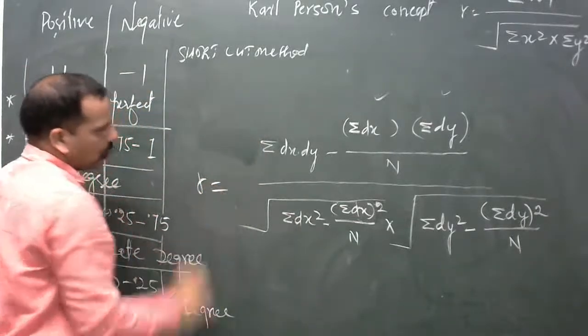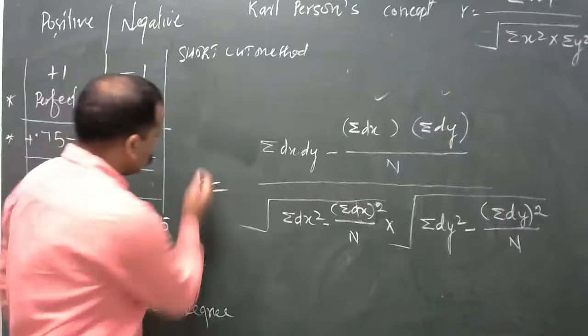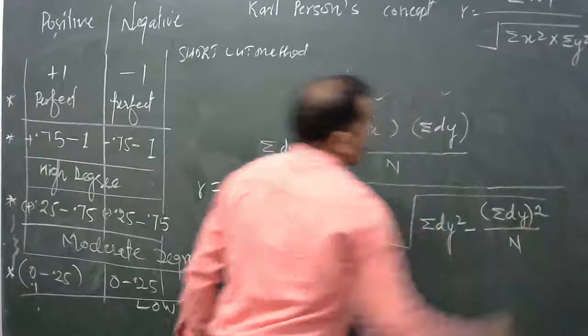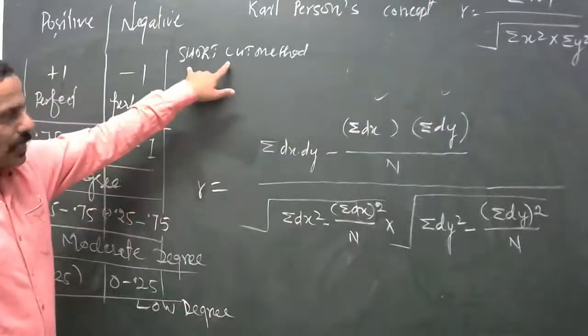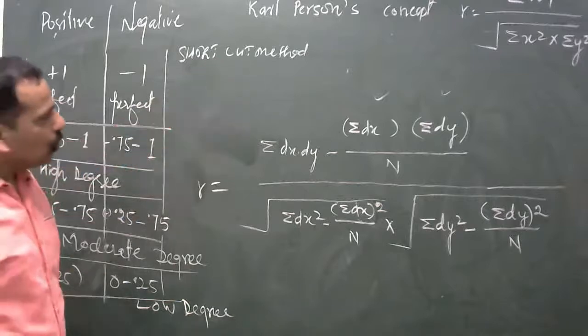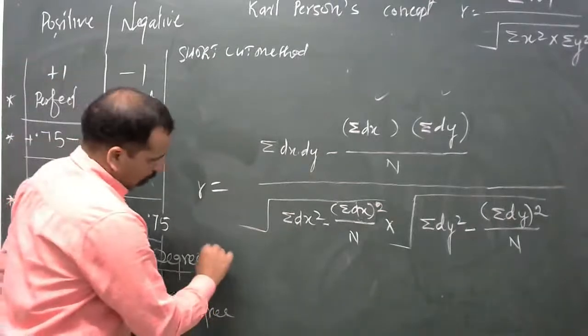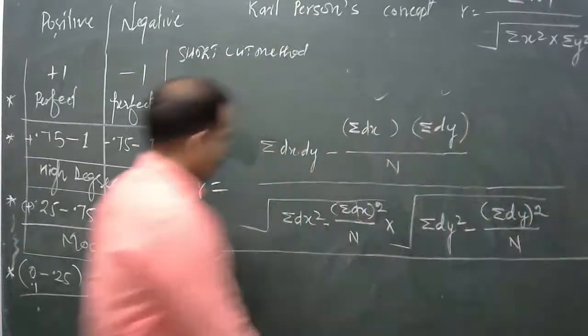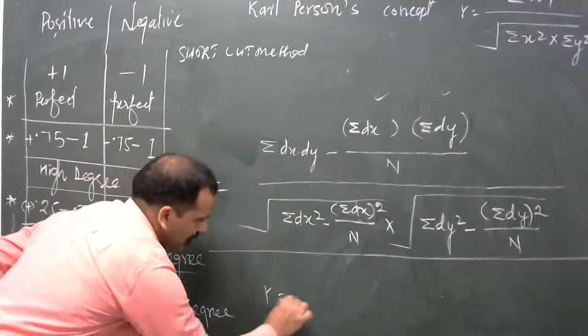Now r is equal to... so this is the formula of the shortcut method. If you want to avoid writing d, how can you write it?